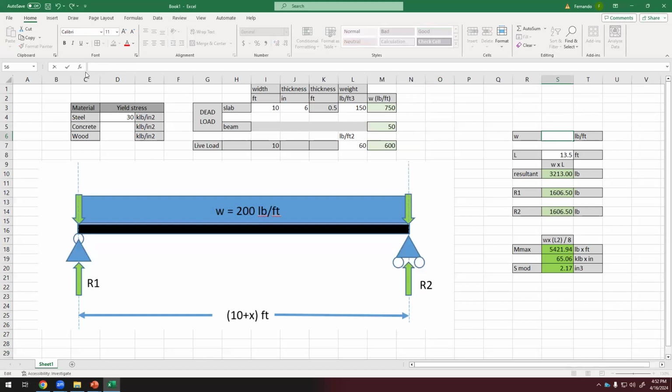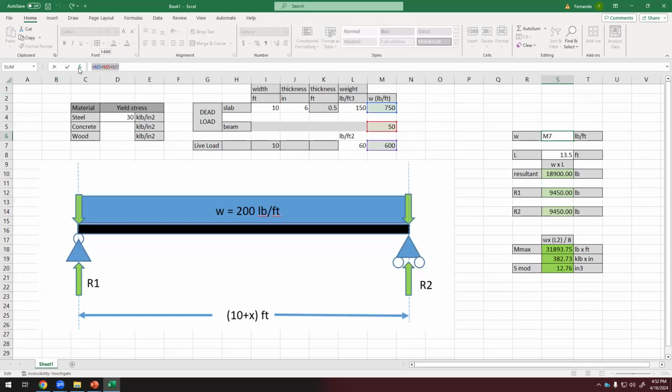It's not this, so I have to clear it. Type equals. No, do not type equals. Okay, so there are different ways to do that. I can type equals, and then I can select this one plus this one plus this one. Okay, but there's a better way to do it.